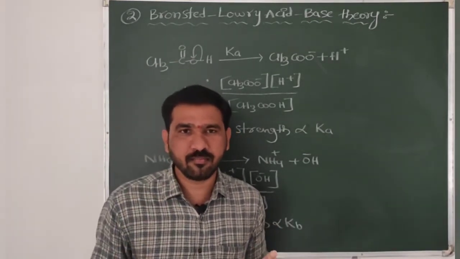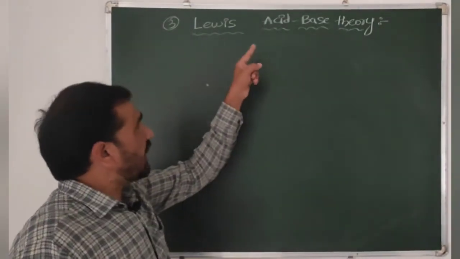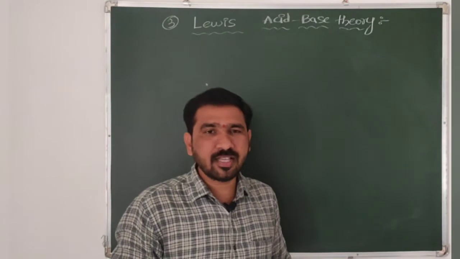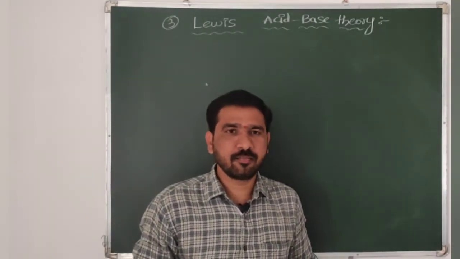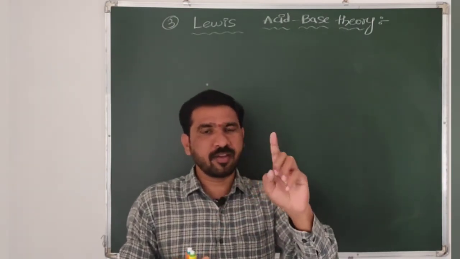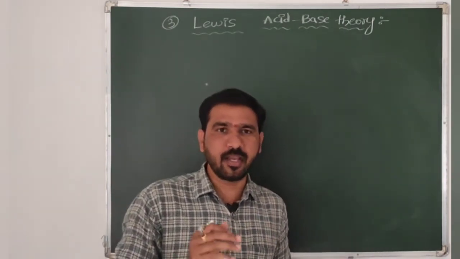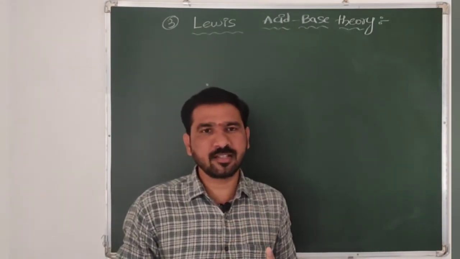Is it clear, beta? Third acid-base concept, that is Lewis acid-base concept or Lewis acid-base theory. According to Lewis acid-base theory, the substance which donates one pair of electrons is called base. The substance which accepts one pair of electrons is called acid.